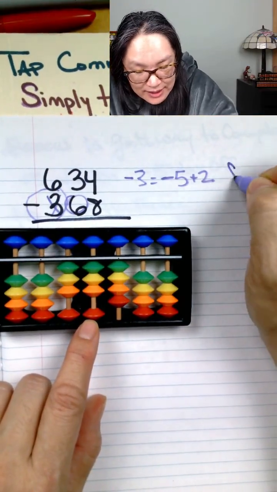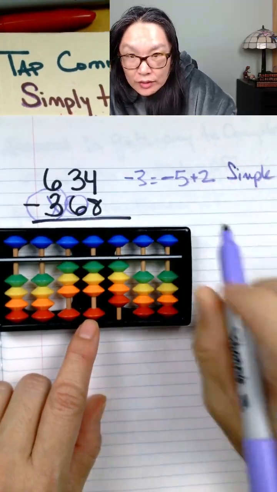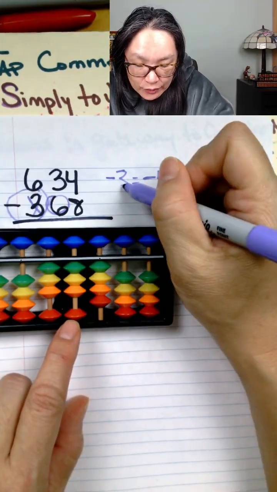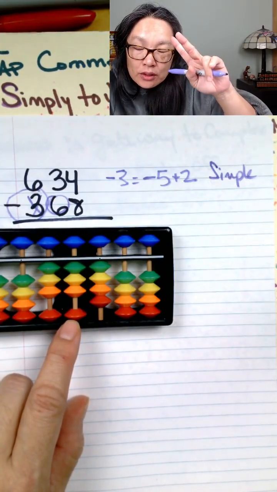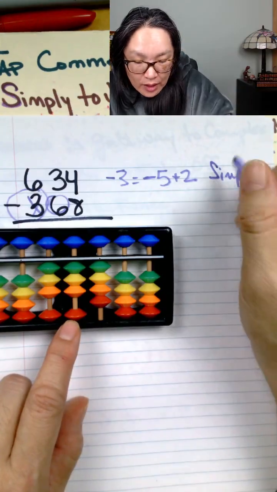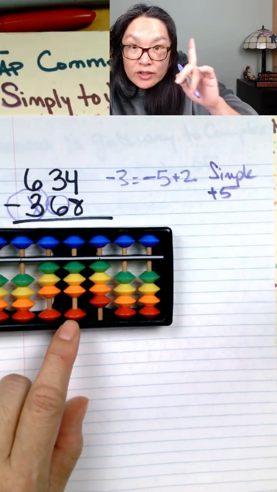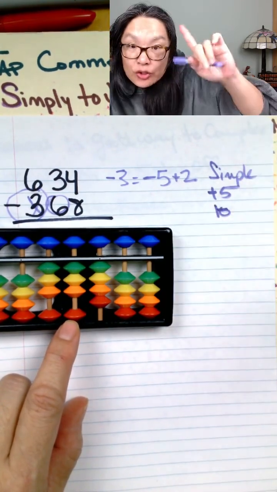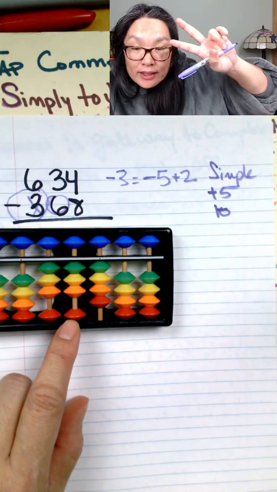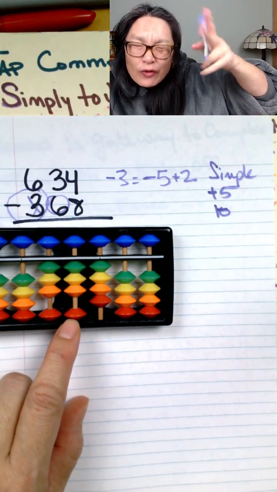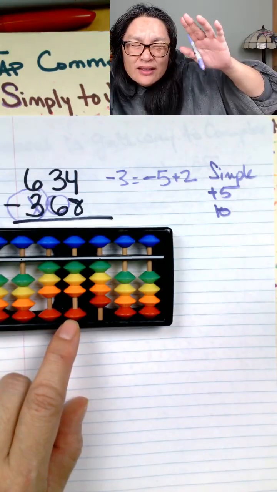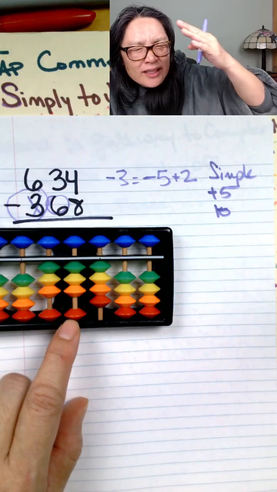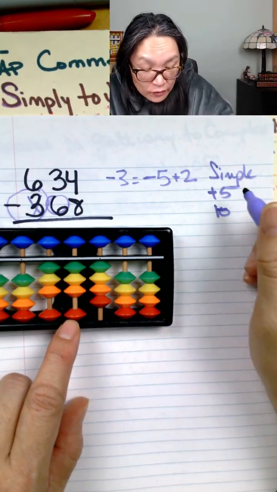The process is simple, meaning, can I do it? Is it a problem? The next thing you need to do, because a 3 will always have two formulas: a plus 5 formula is always the first one to think about, and then the other one is a 10 formula. Can you do the 5? No. Then can you do a 10? It doesn't go. You could do reverse, but then it gets overly complicated.